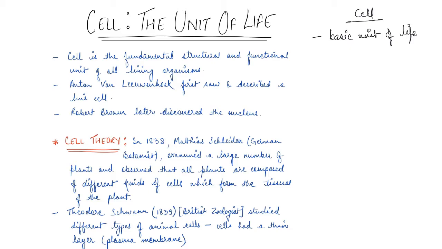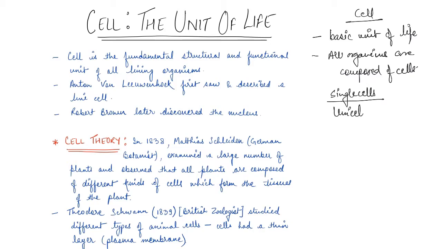All organisms, remember, all organisms, guys, are composed of cells. Some are composed of a single cell, and they are known as unicellular. Then we have some which are composed of multiple cells, and these are known as multicellular. Right? So let's see what exactly a cell is.